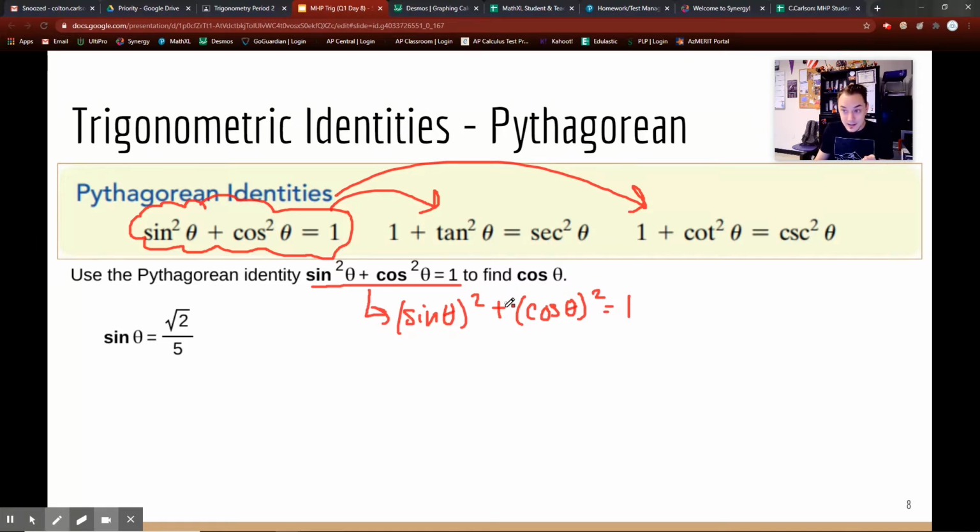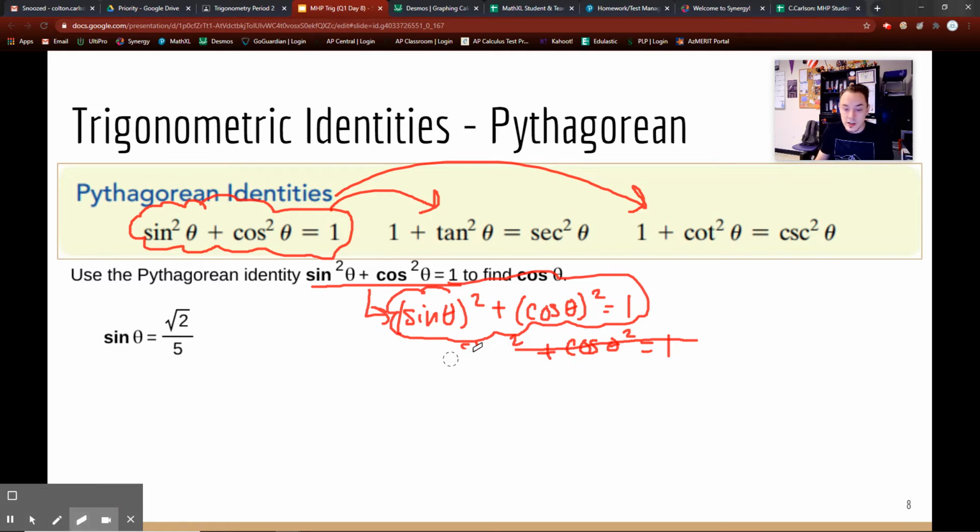This is not the same thing as saying sine theta squared plus cosine theta squared equals 1, because here you're squaring the theta instead of squaring the function. I'm squaring the function right here, sine. I'm squaring the function cosine, okay? So make sure you understand the difference. I'm going to be using this right here and not this. So I'm going to erase this because I'm not going to be using that.